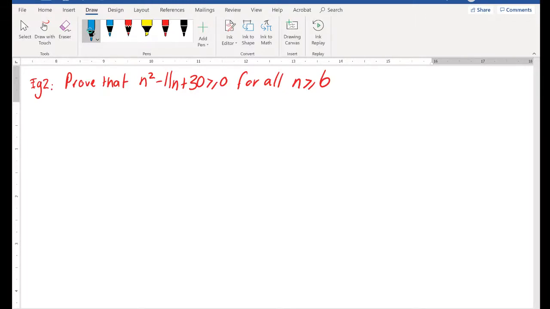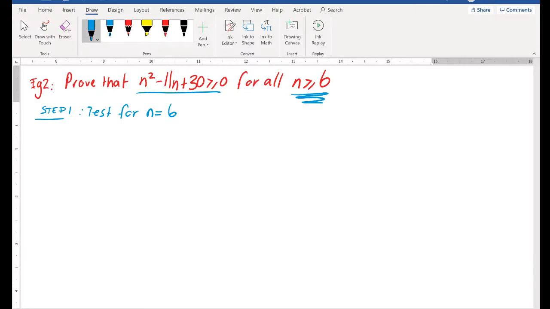Otherwise, the first thing we're going to do is put step 1. It's already in a nice form with all on one side, so I don't have to rearrange like I did last time. So, step 1, we're going to test for n equals 6 because of this idea here.